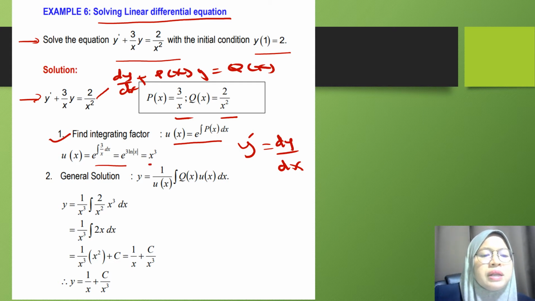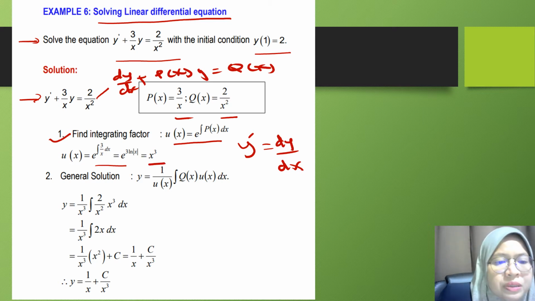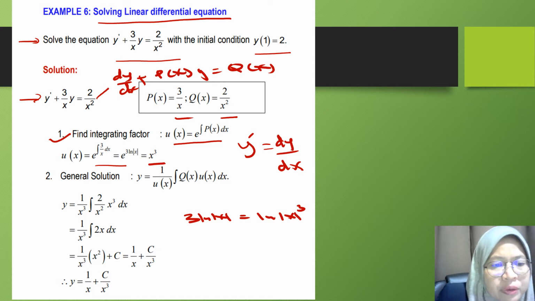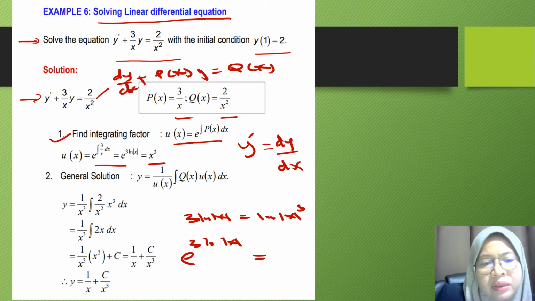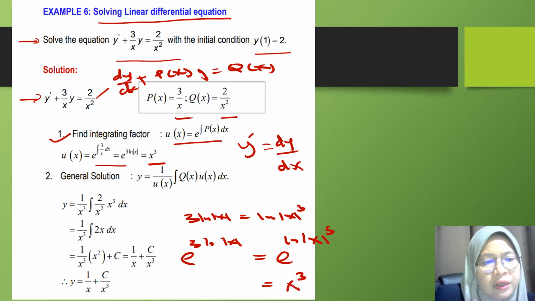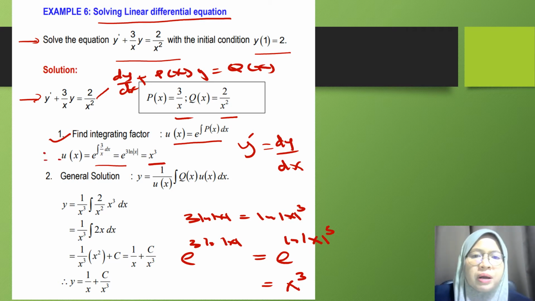And 3 natural log of x is also equivalent to natural log of x to the power of 3. Since we have the exponent and natural log, we can simplify, and then we have x to the power of 3. That is why our integrating factor here is x to the power of 3.